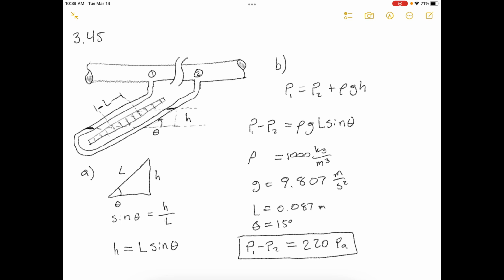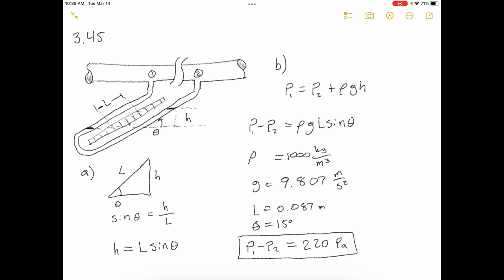We're working out of Elementary Principles of Chemical Processes, 3rd edition, and we're doing problem number 3.45. The problem statement says, an inclined manometer is a useful device for measuring small pressure differences. The formula given in section 3.4 for the pressure difference in terms of the liquid level difference, H, remains valid.